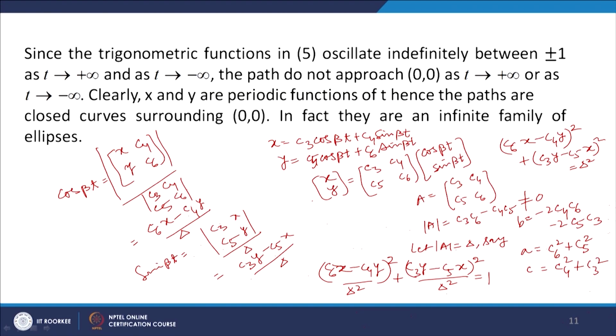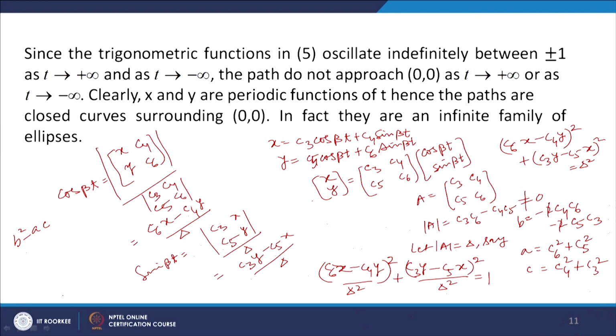Now, let us find b square minus ac. If we have 2hxy, we need to take 2hxy, but here we need not take this 2, so b is the coefficient of xy.